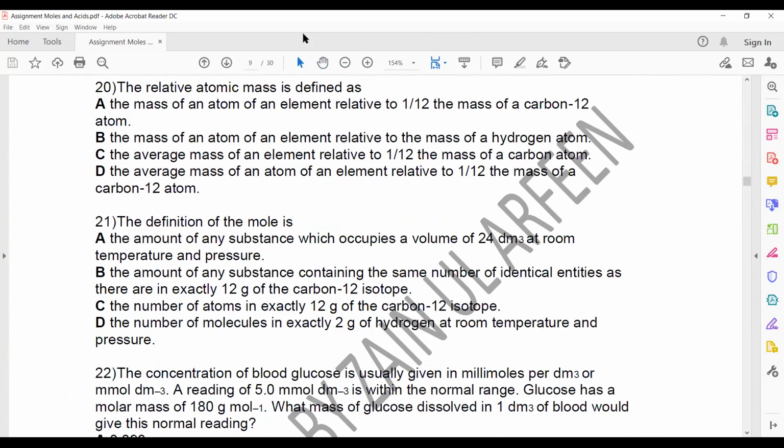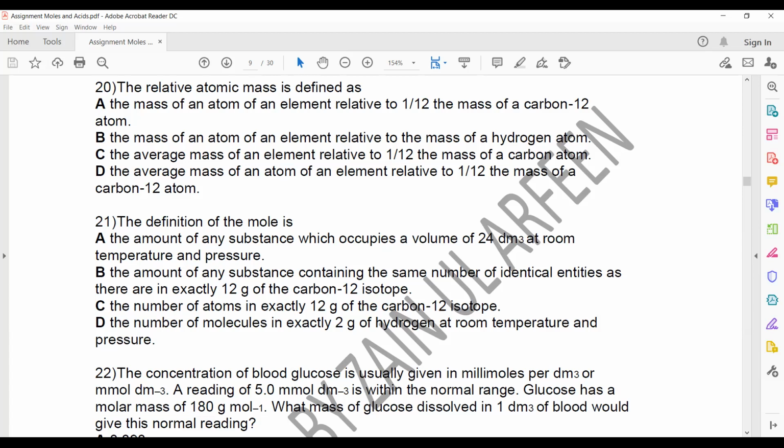So the definition of relative atomic mass: mass of an atom of an element relative to 1/12 mass of carbon 12, or average mass of an atom of an element relative to 1/12 mass of a carbon atom. The words average mass of an element are basically not necessary, because an element can be molecular or atomic, so it's just an element.